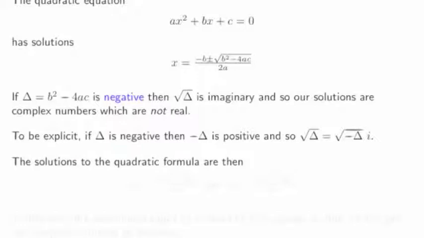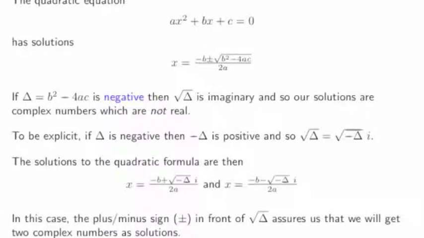The solutions to the quadratic formula are then x is equal to minus b plus the square root of minus delta times i over 2a, and the conjugate minus b minus the square root of minus delta times i over 2a. In this case, the plus or minus sign in front of the square root of delta assures us that we will get two complex numbers as solutions, and they will be complex conjugates, coming in conjugate pairs.